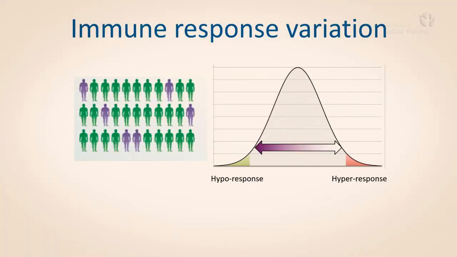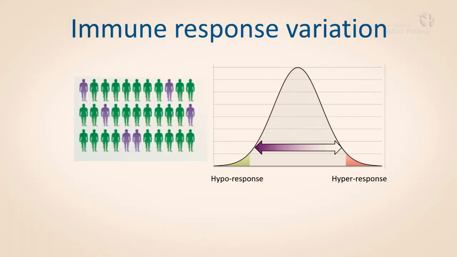One of the phenotypes that we are particularly interested in, in the context of precision medicine, is immune response variation. There is a huge amount of variability between individuals and populations in the way we respond to infection. Some individuals, as you can see here, can respond too much to an infection or to a given vaccine, and we call them hyper-responsive individuals.